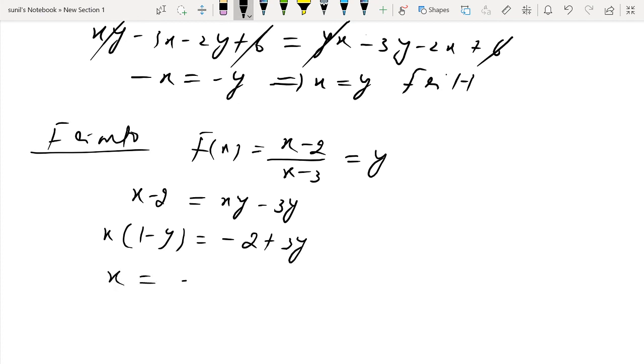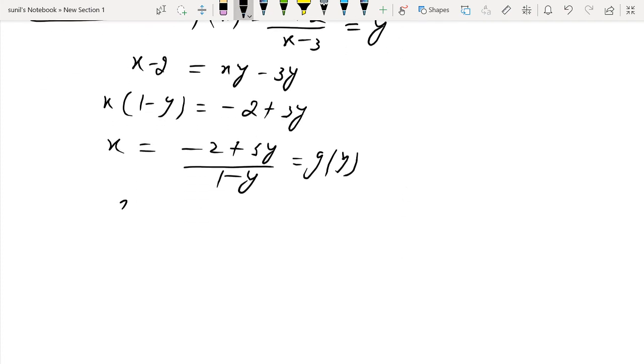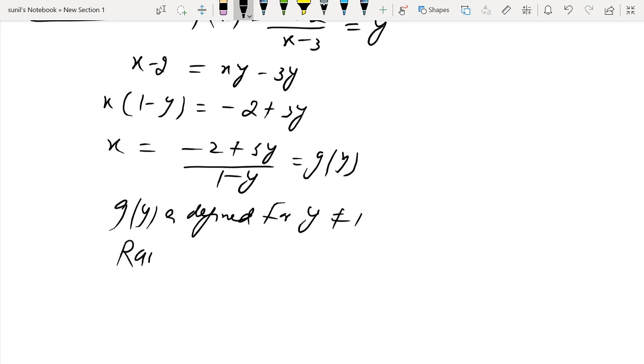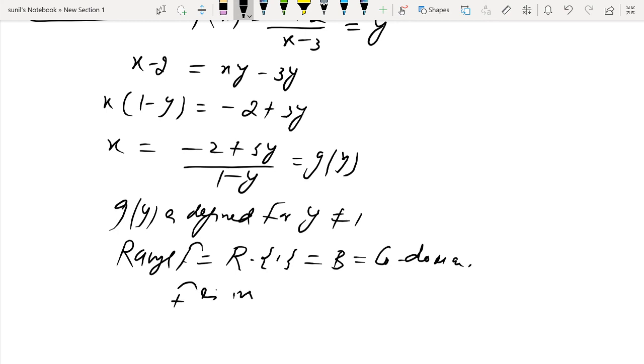So x is equal to (minus 2 plus 3y) upon (1 minus y). Let it be g(y). Now g(y) is defined for y not equal to 1. So range of f is R minus the singleton 1, which is equal to my B, that is the codomain. So f is onto.